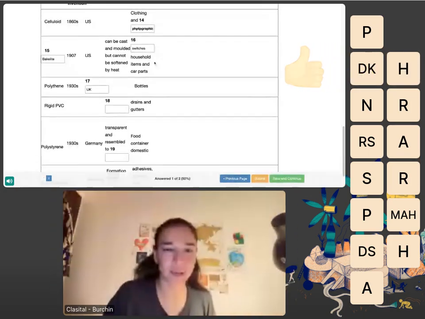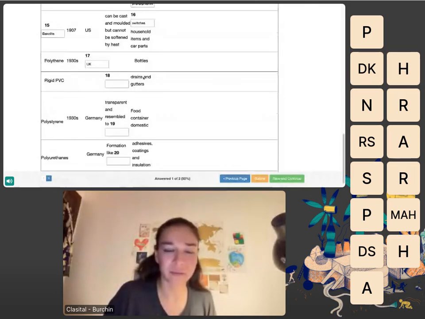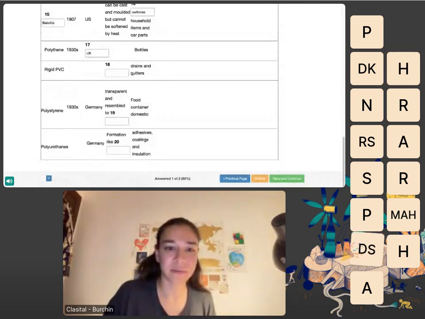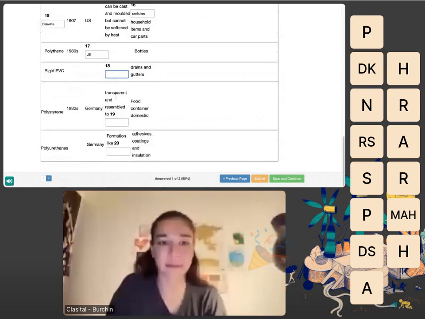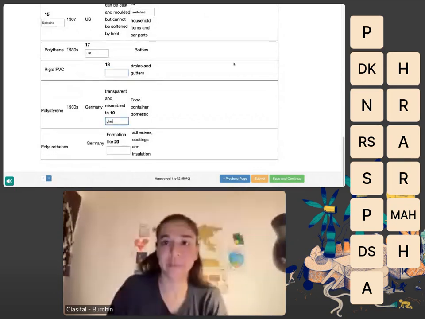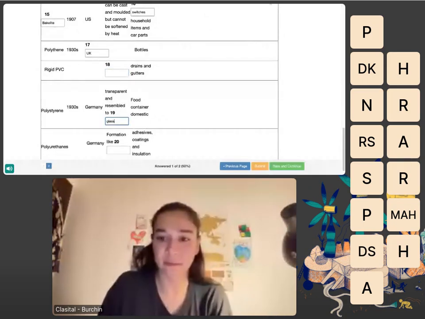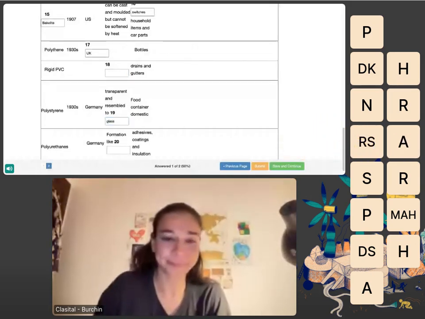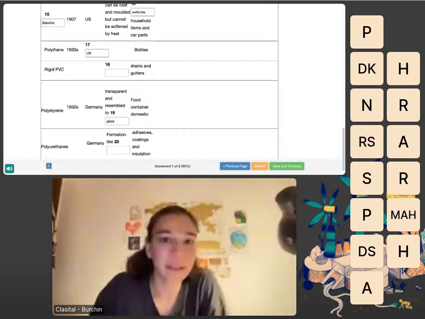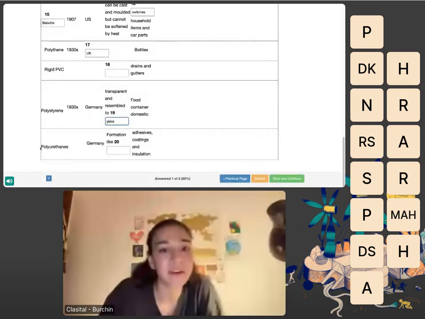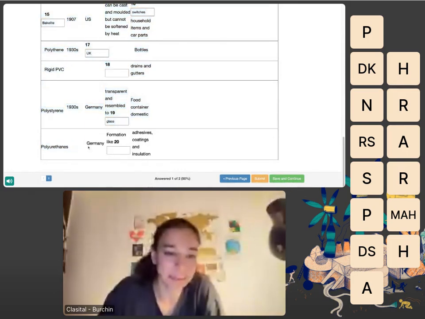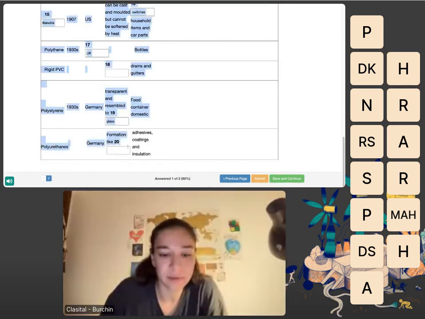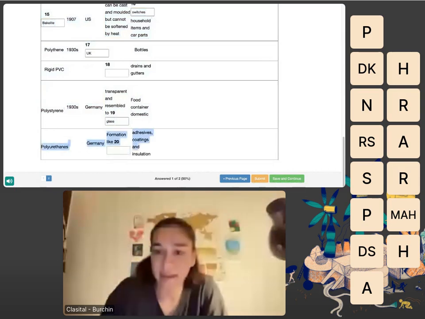Okay. What were we? We are saying resembling glass. Here, glass. Okay, nice. Let me see 20. Polyurethanes, Germany, formation like something, and it is used for everything.